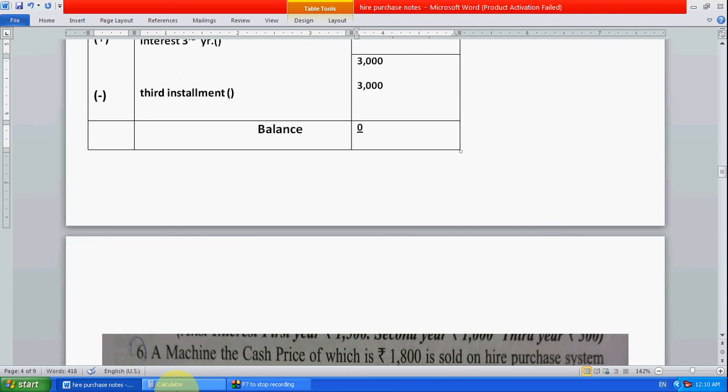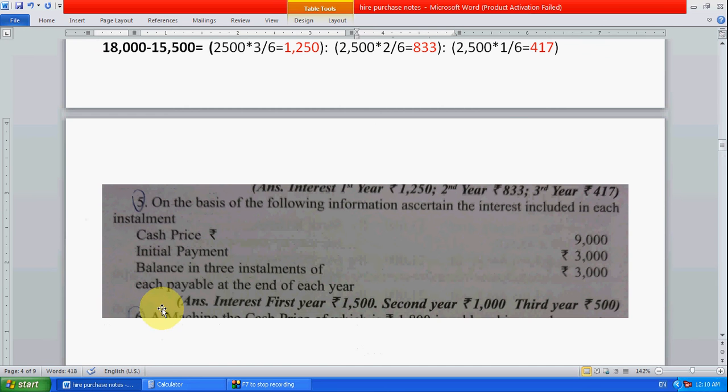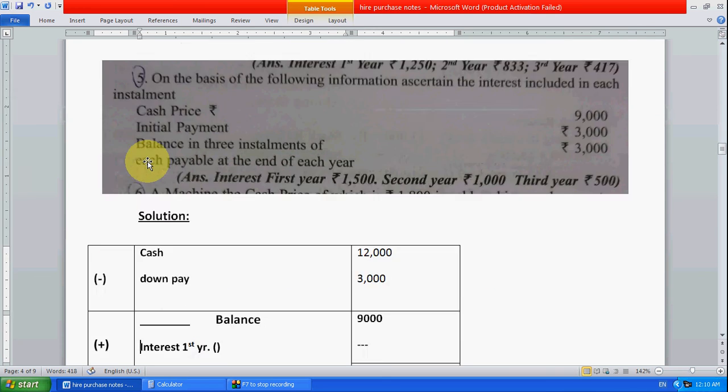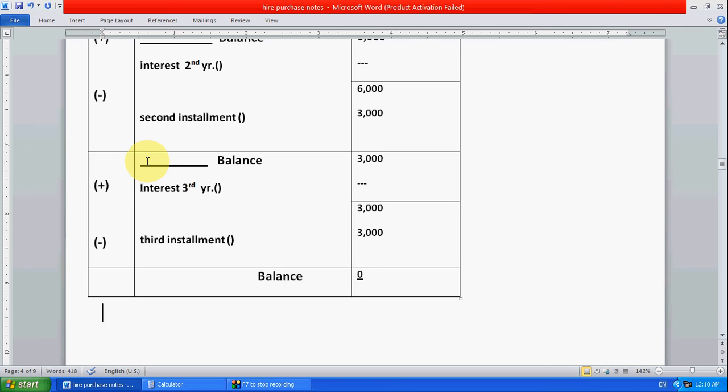Now we have to find the interest amount. Let's find it. 3,000 we are getting extra: the cash price is 9,000, but we are paying 12,000, so overall the interest amount is 3,000.